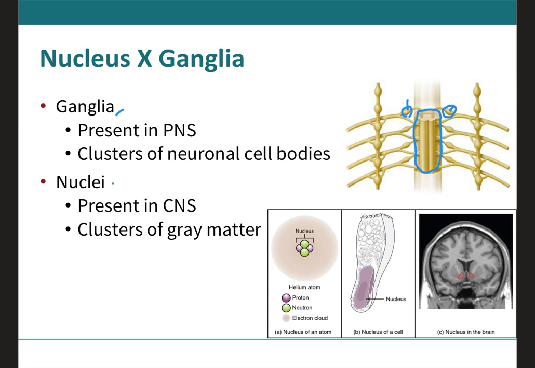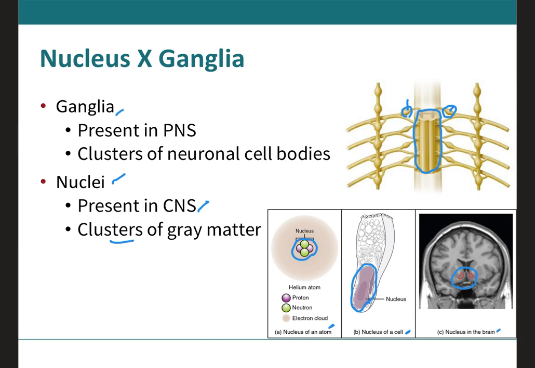Now, the nuclei are going to be present in the central nervous system. So it will be a cluster of neuronal cell bodies that is located within the central nervous system. And in this example, we can see circled over here the nucleus in this brain region. The word nucleus in general can be defined as a central point. That's why on this image over here, we have the nucleus of this atom, or when we're referring to a cell, the nucleus of the cell will be the central point of the cell where most of the processes occur.